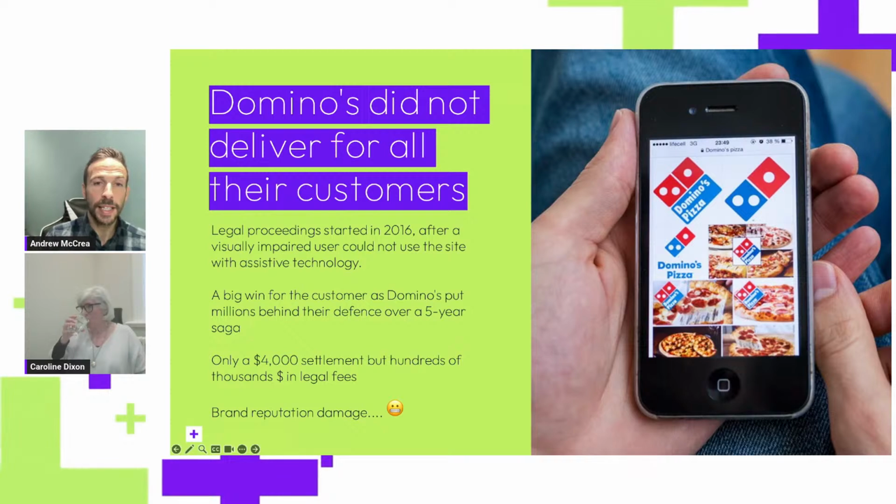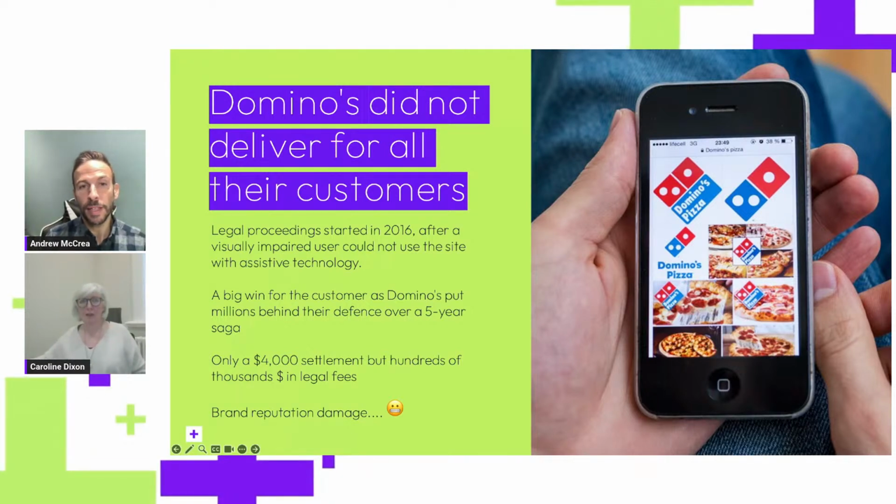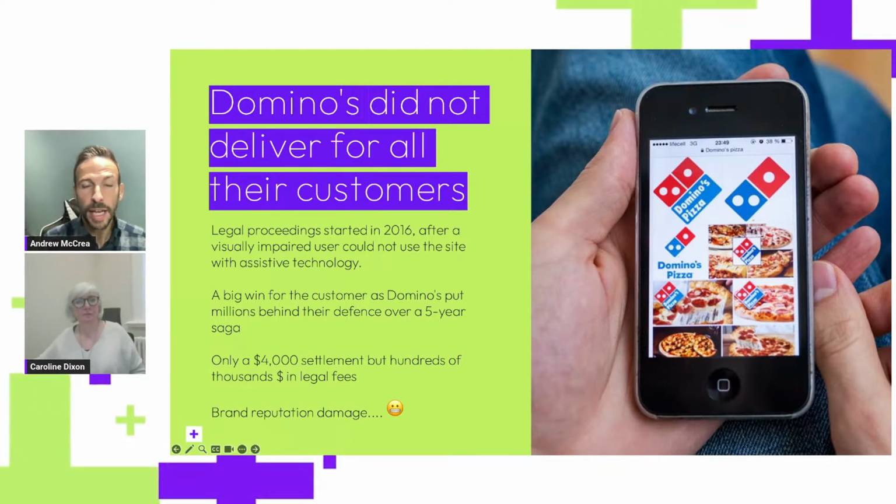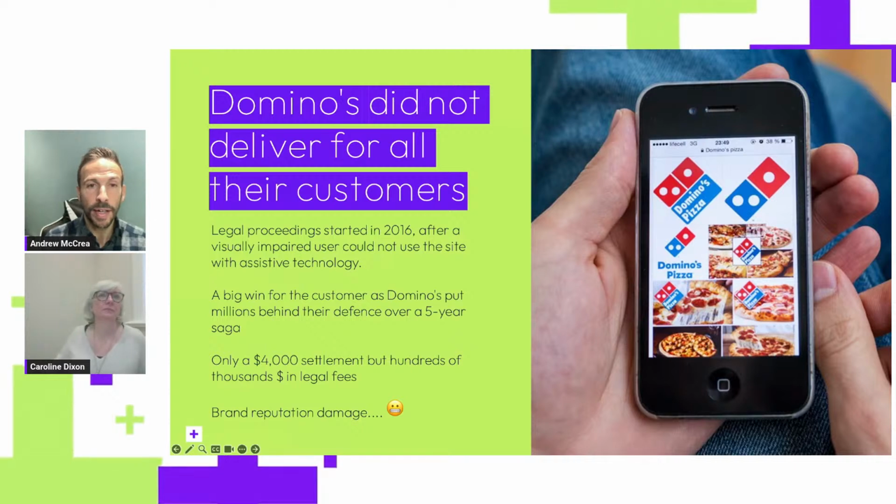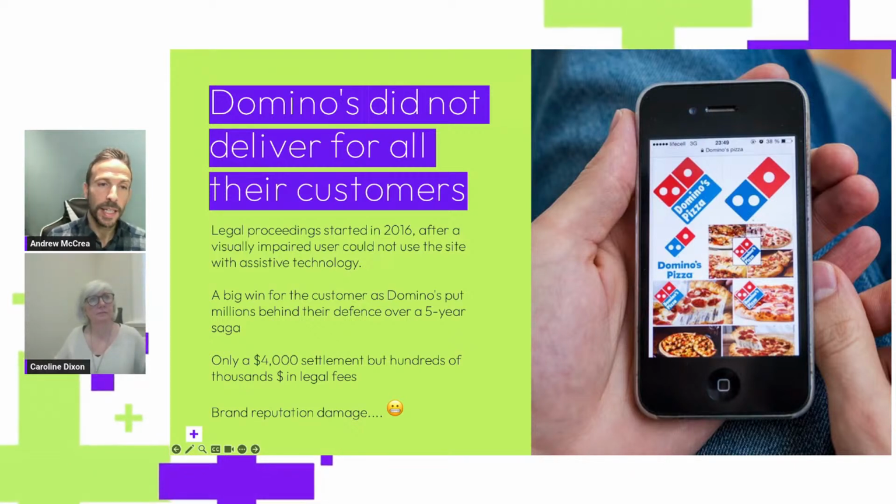Yet, because the application hadn't been developed in a way that it should have, it wasn't able to be read. The URLs weren't accessible. The images weren't tagged up appropriately. And as a result, the user simply could not choose the pizza that they wanted.